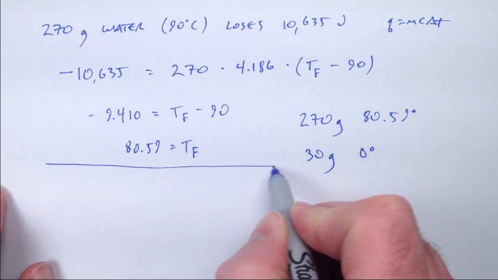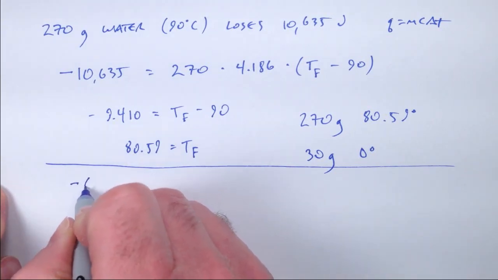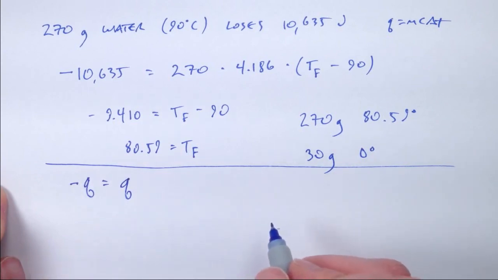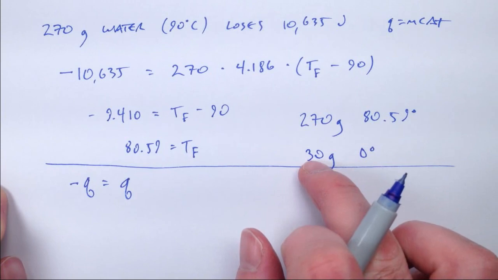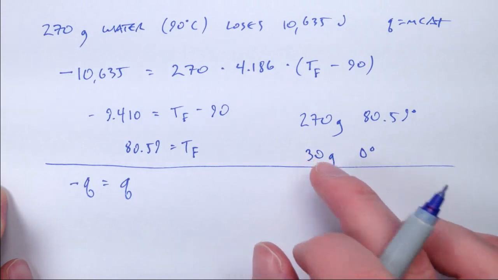Okay, let's do that calculation. In this particular case, the heat lost must equal the heat gained. This one's losing energy, this one's gaining it. So let me put this one on the left with the negative sign so everything works out.